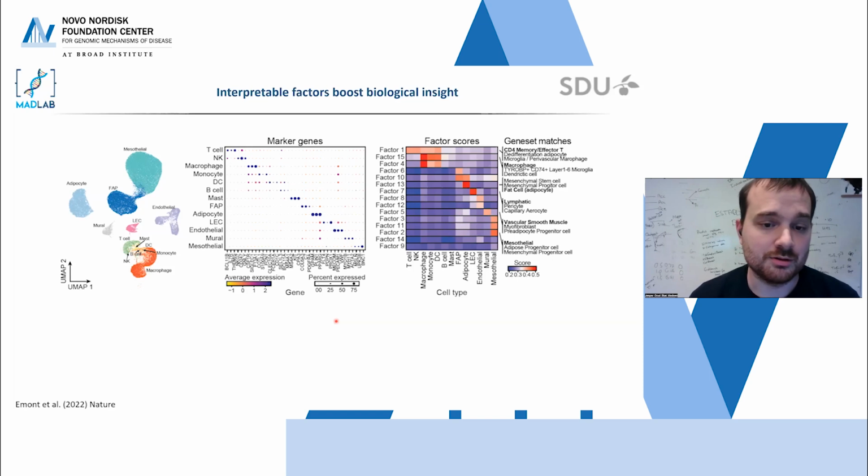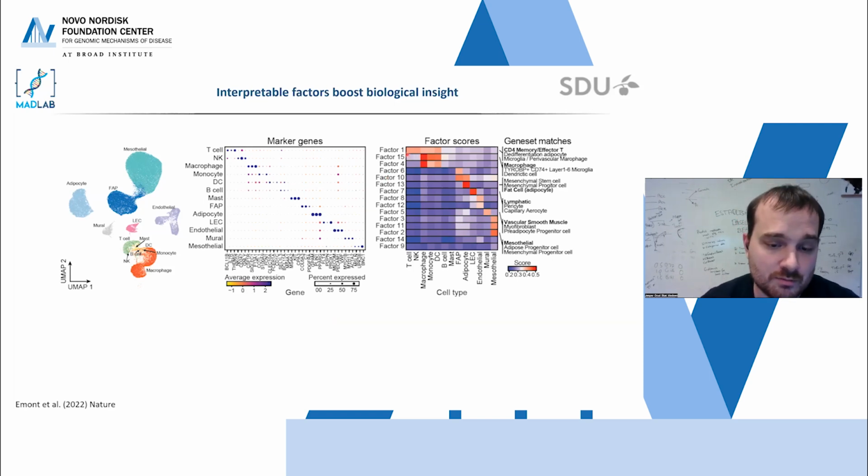First of all, we saw some factors, such as factor 1, which is high across immune cells. But we also saw that factor 15, for example, is high across only myeloid immune cells, and factor 4 is specific for macrophages. So we see this multi-level expression of gene programs that we can dissect using jointly.